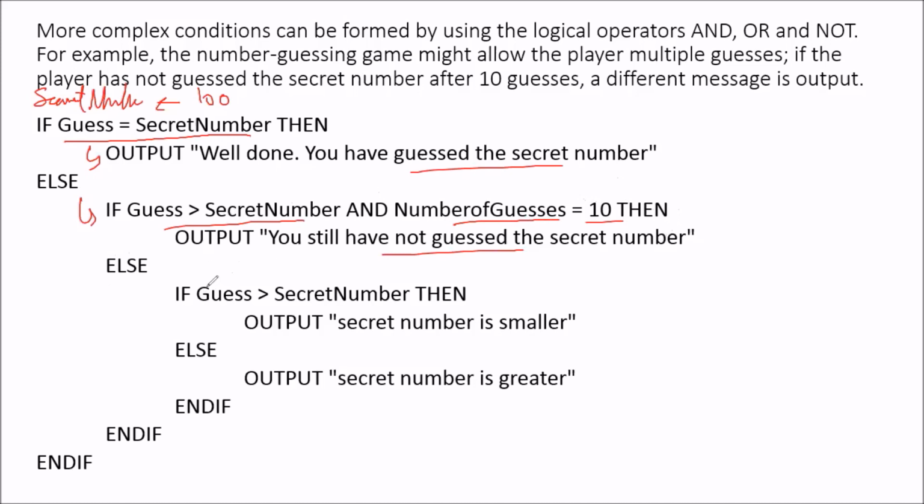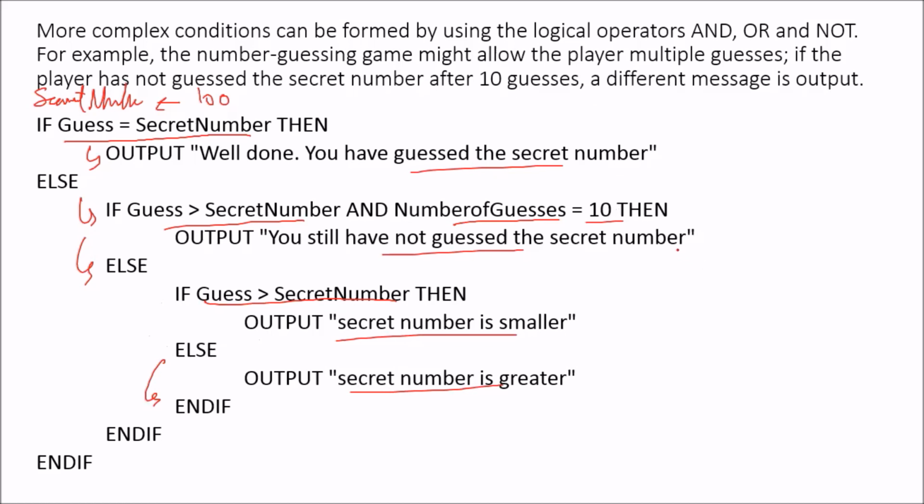If it's not this, it's going to jump to else. If guess number is greater than secret number, then it's going to give you a result that the secret number is smaller. Else, it's going to jump over here and your secret number is greater. So you can work on this too.